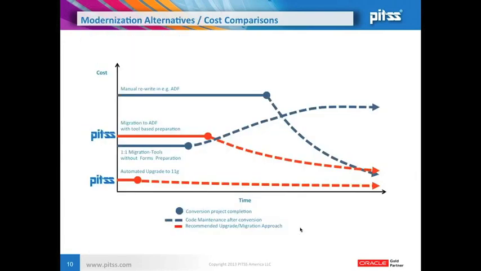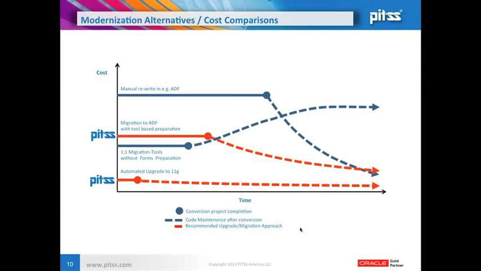So this slide here, I like bringing it up because it gives you a good idea about what your other options are. And I'd like to start from the very bottom here, please. So the key idea is that, again, Forms is not going away. There is no need for you to consider moving away from it in the next 2 weeks or a couple of months.